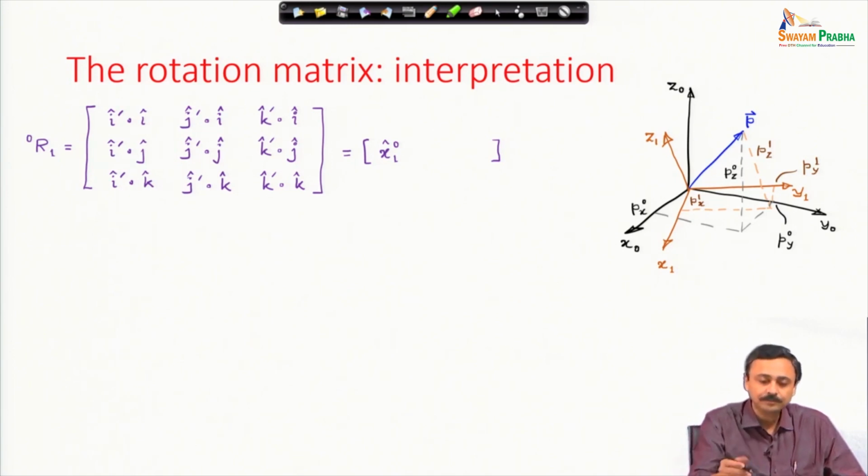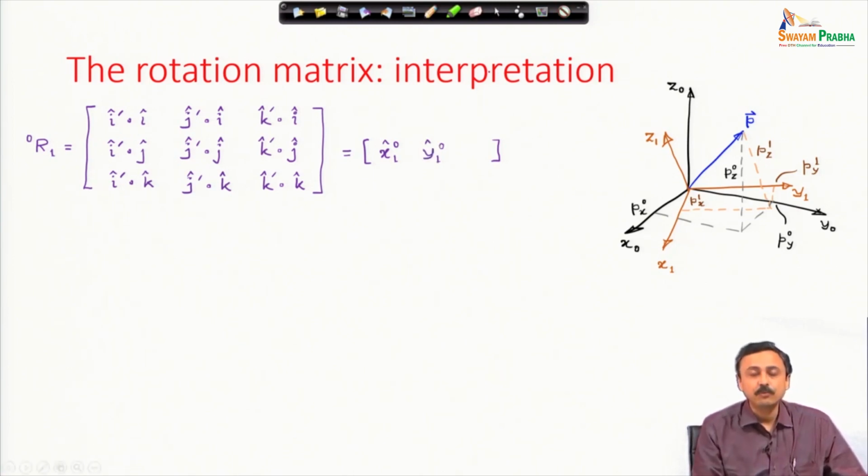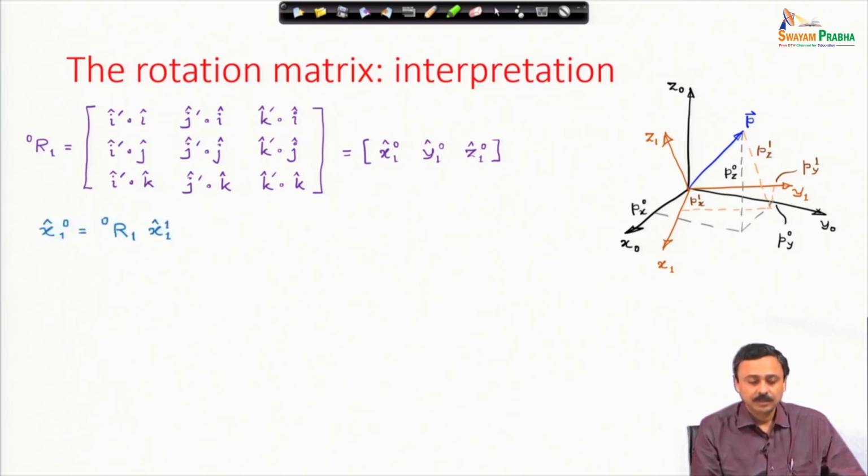The second column is the representation of y1 in x0, y0, z0, and the third column is the representation of z1 in x0, y0, z0. And we had discussed how these are to be understood.